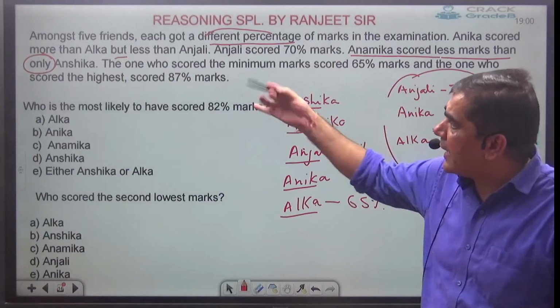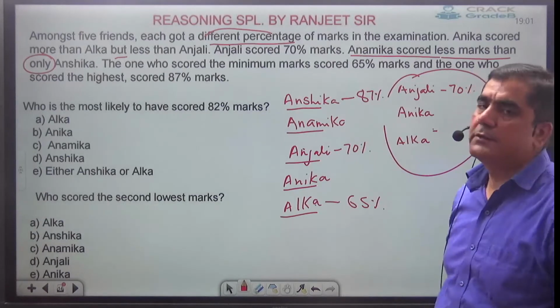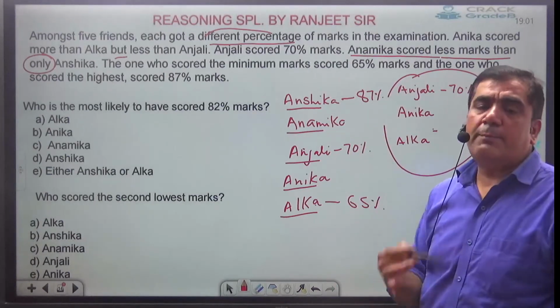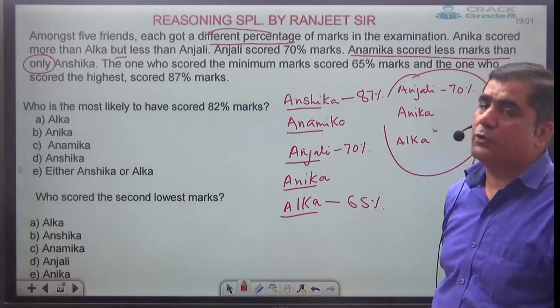The one who scored the highest scored 87%. So Anamika's score will be between 70 and 87, and this one will be between 65 and 70.